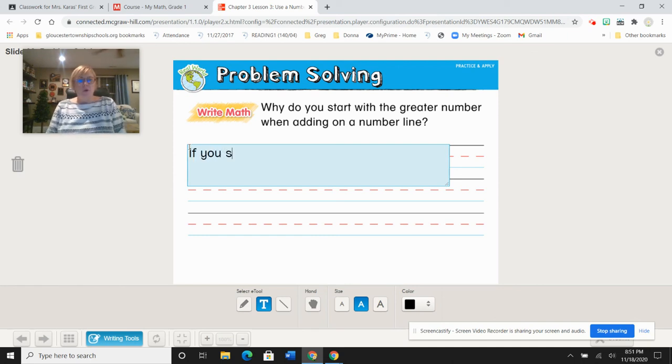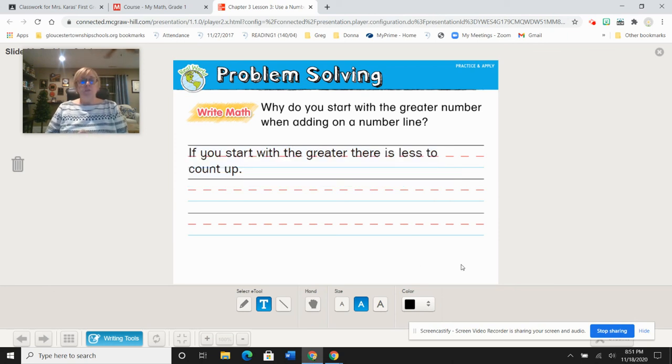If you start with the greater number, there is less to count up. Think about that. If you had 9 and you only had to count up 1, a lot easier, isn't it?